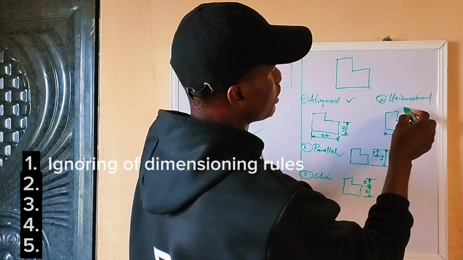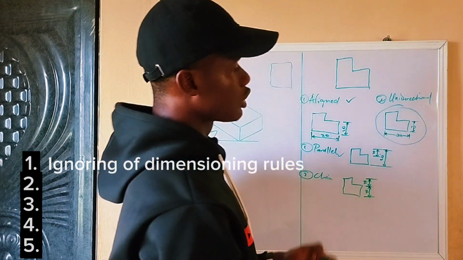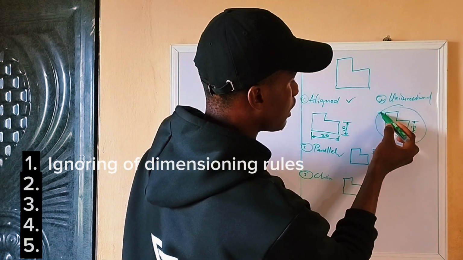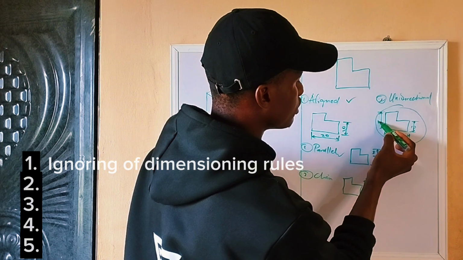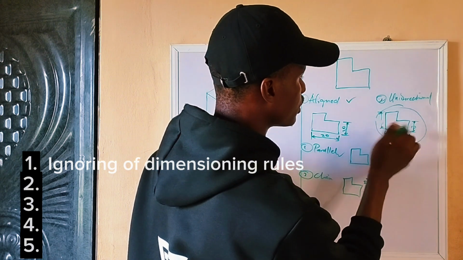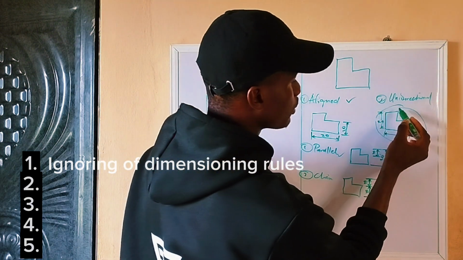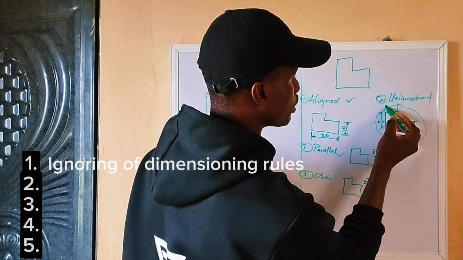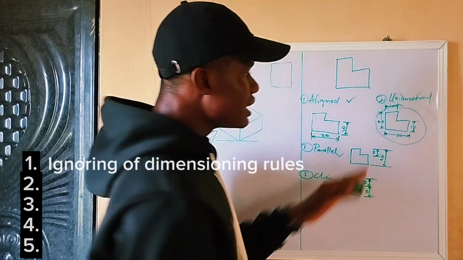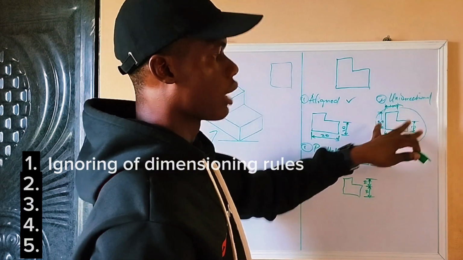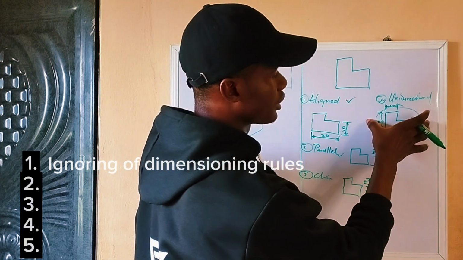Take for instance, the dimensioning in this one is actually not enough. We still need to dimension this place as 20. After that, we still need to dimension this place as 10. So this dimensioning is now enough for somebody to be able to recreate this drawing.